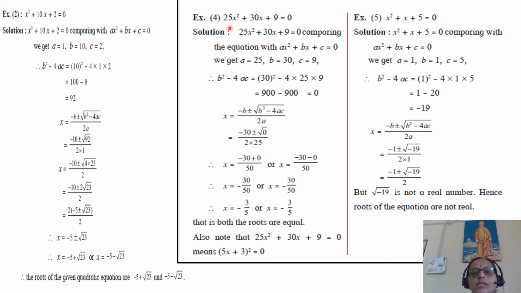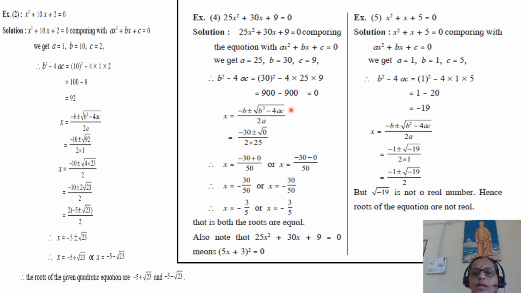Your next question is 25x² + 30x + 9 = 0. Compare it. The value of a is 25, b is 30 and c is 9. Find b² − 4ac. Directly you can substitute the values in the formula also, but it is easy to find b² − 4ac first. So b² − 4ac is 0.